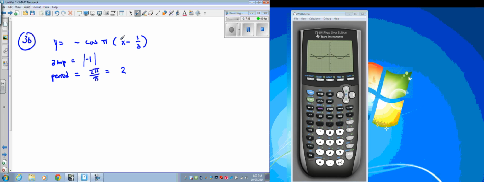Because it's always 2 pi over b. This thing here will run right in there, so b is here, because your general form is this.